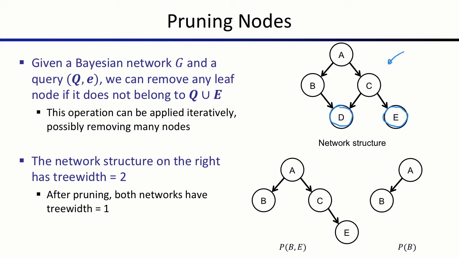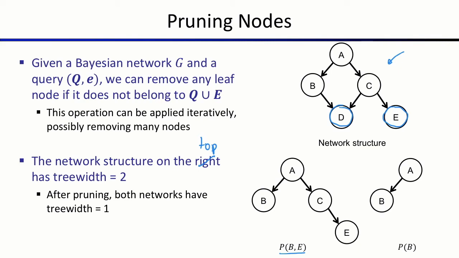In the first example, we want to compute the probability of B and E. And so we're going to operate on this top network here. This top network has a tree width equal to... we don't know exactly what the tree width is. In order to compute that, we would have to find the best elimination order and calculate the width of this best elimination order.